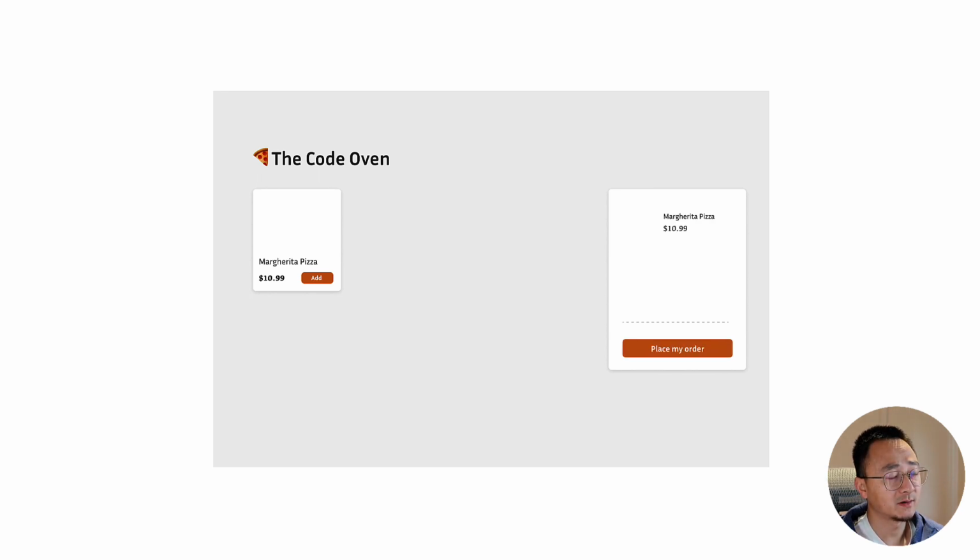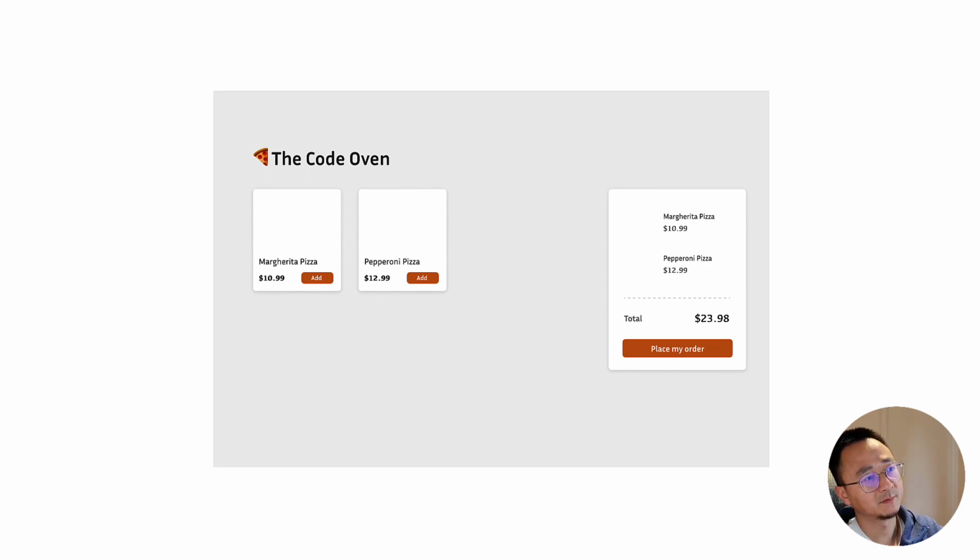Then we can gradually build up this shopping cart component, so it can show the pizza name and the price. And then we add another pizza item on the page, and we keep building the shopping cart to make it more realistic. It has more details. You can add items to it.